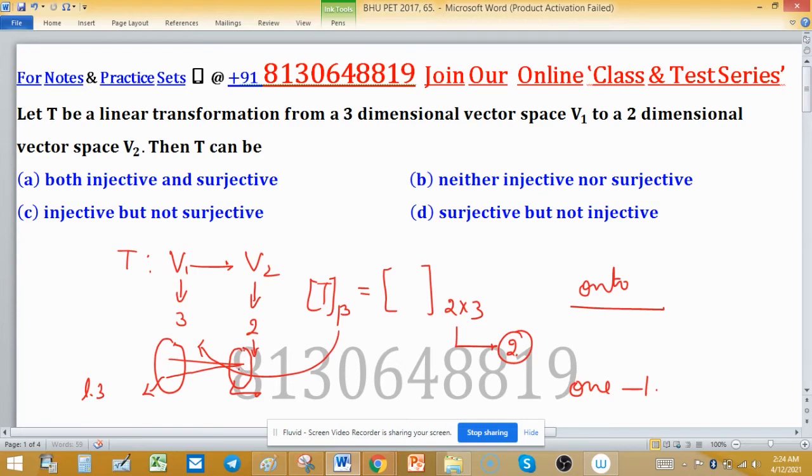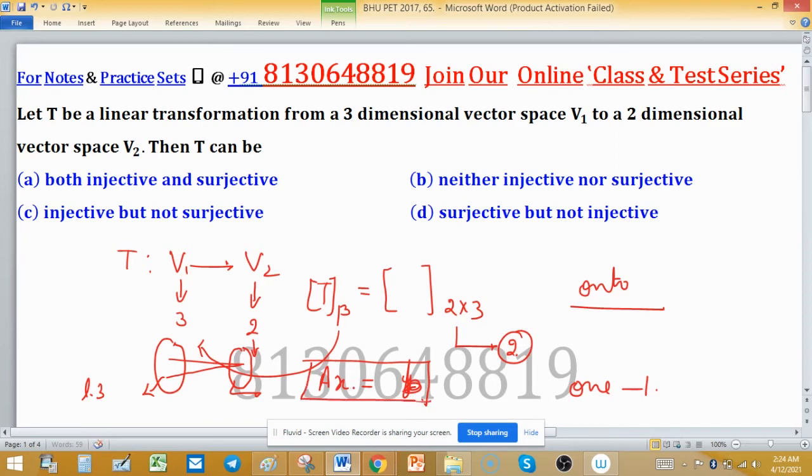Now for onto, if we consider an element from range space, then it must have pre-image. It must have pre-image means this is a matrix representation. Suppose there is Y in this codomain, or an element B is in this codomain, then there exists X such that Ax equal to B. Means this system must have the solution.